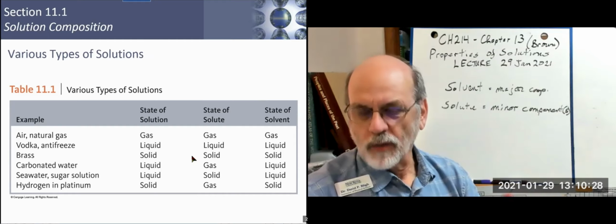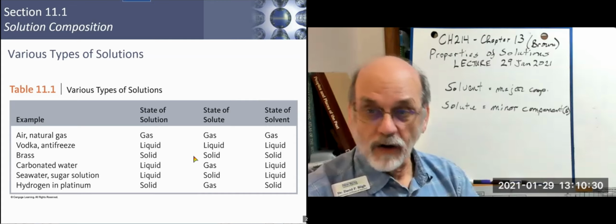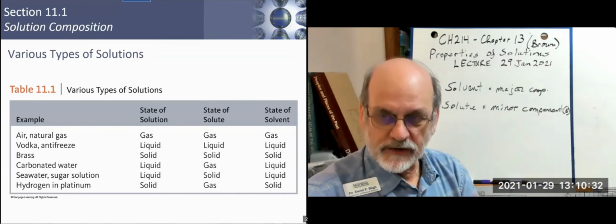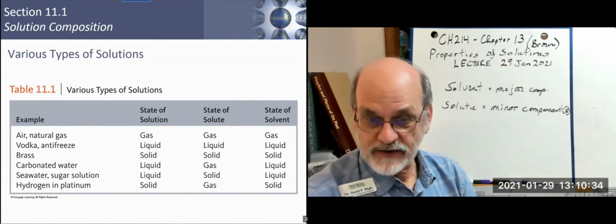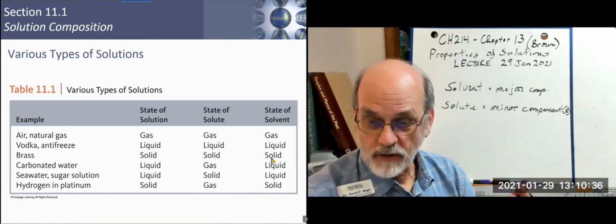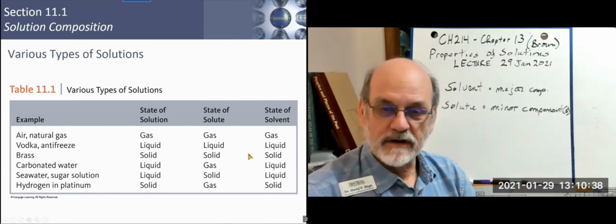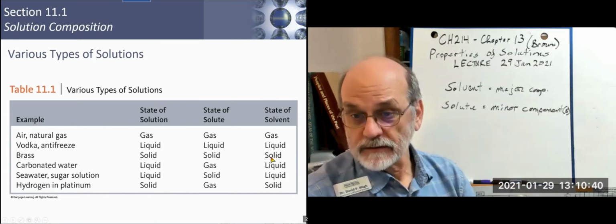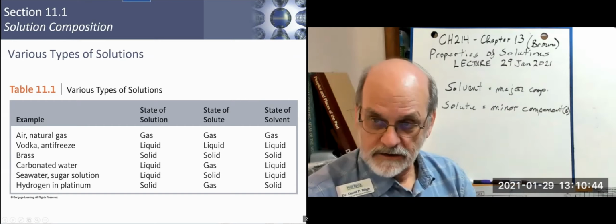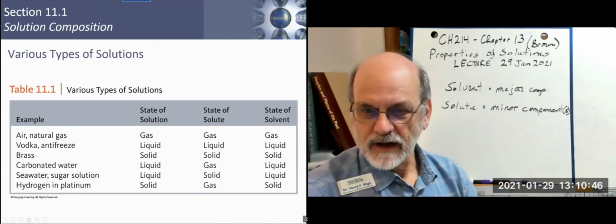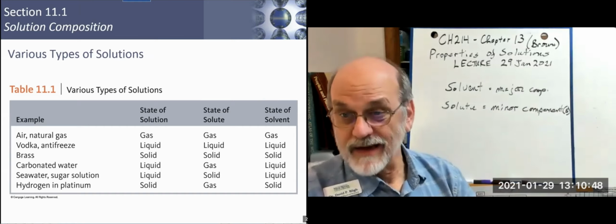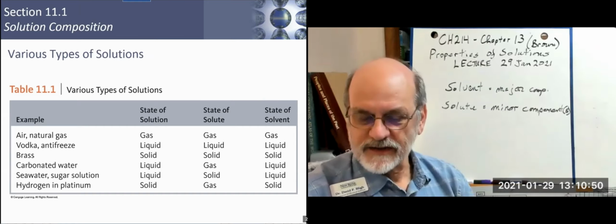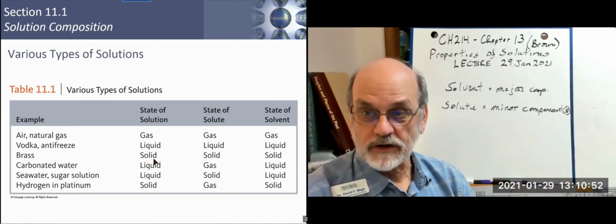Brass. We normally don't think of alloys of metals as being solutions, but brass is an example of a solution where you start with a solid solvent, which would be copper, and the solute would be nickel. It's a minor component. And of course, you have to melt them to get them together. But once they solidify, you have a solid solution.